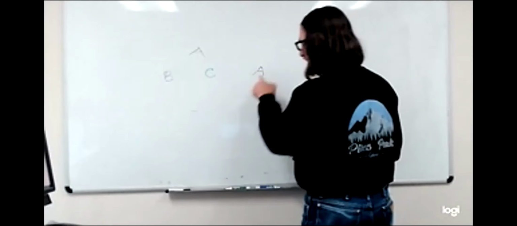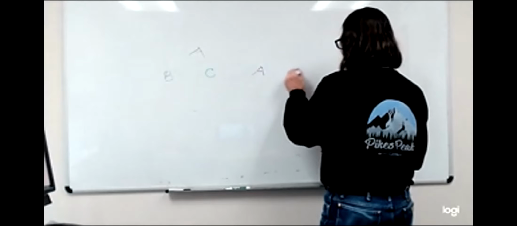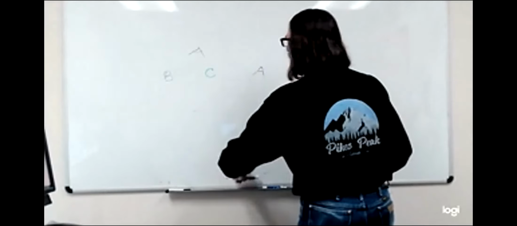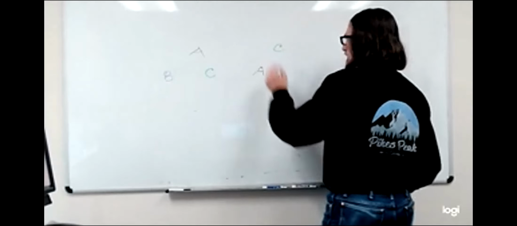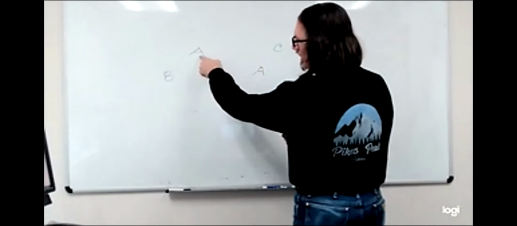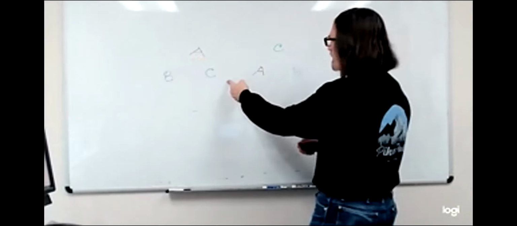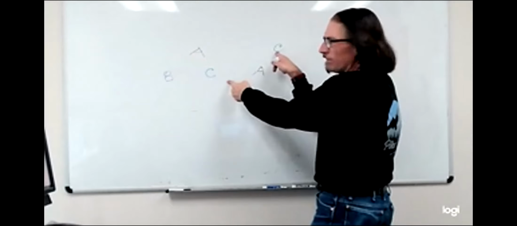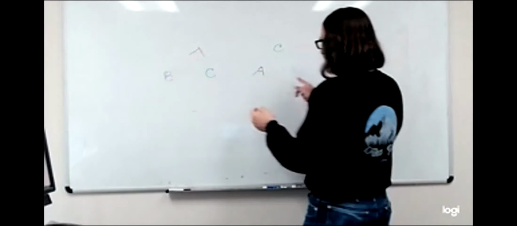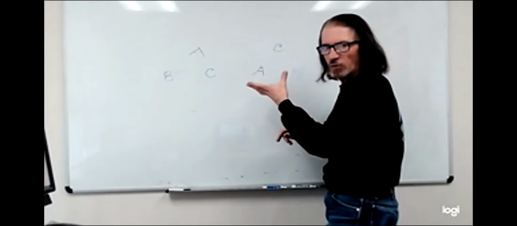If I put A here and then B here and then C up here, the reason this is the same is because when A looks to the left, that's going to be C, and to the right of A is B. All we've done is rotated, but their arrangement is the same.